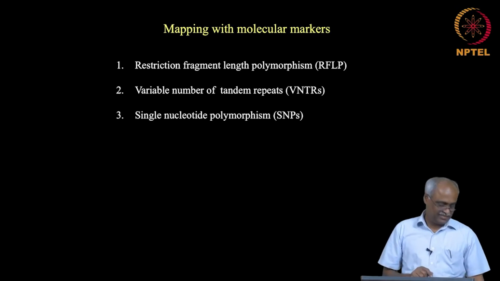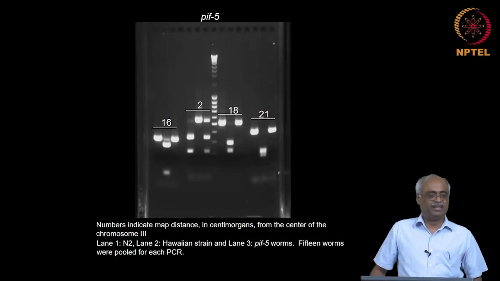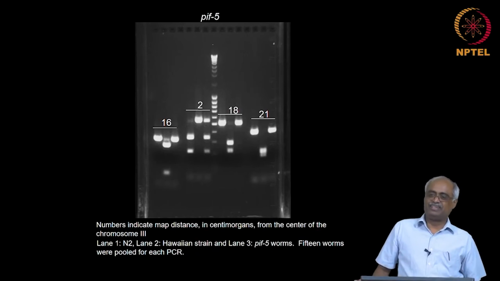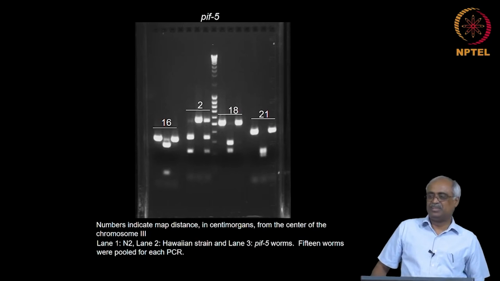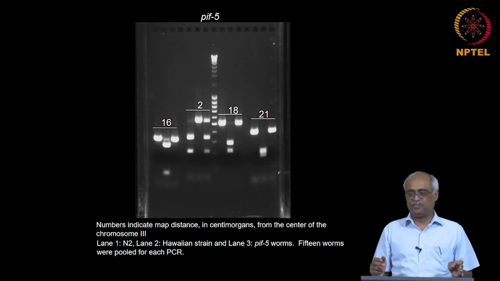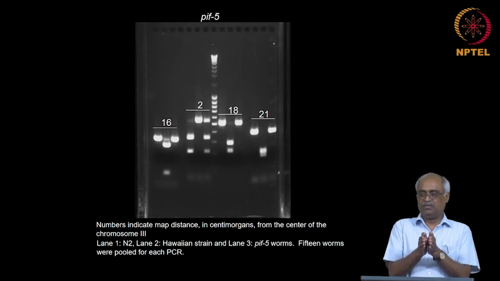Okay. So, an example is here. PIF5 is one of the mutants isolated in our lab, and the student who was mapping it did an SNP mapping. Here this SNP is combined with sort of RFLP. So, the SNP creates a restriction fragment length variation. Say for example, I have 2 primers that flank a given base where an SNP exists.